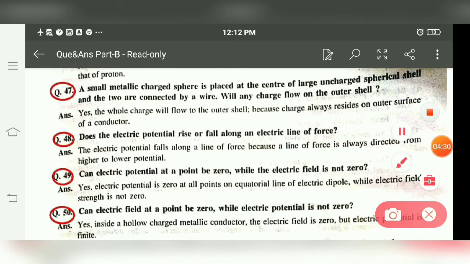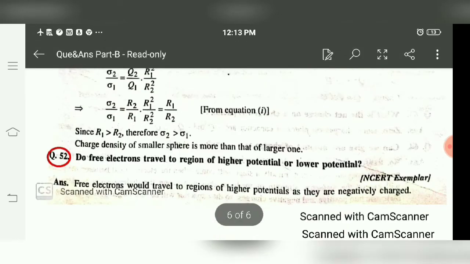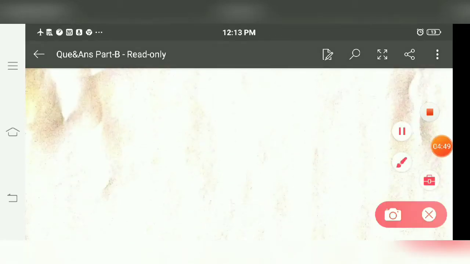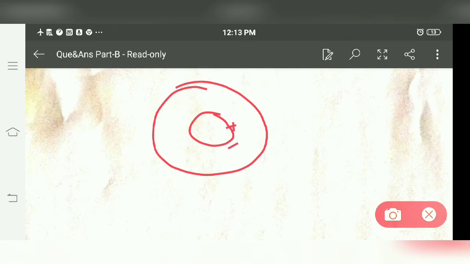So next is: a small metallic charged sphere is placed at the center of a large uncharged spherical shell. When they are connected by a wire, will any charge flow to the outer shell? Yes, because the inside charge is present, so it has more potential. This is the inner sphere, this is the shell. The sphere having more charge means it is at high potential, and the shell with no charge means it is at low potential.